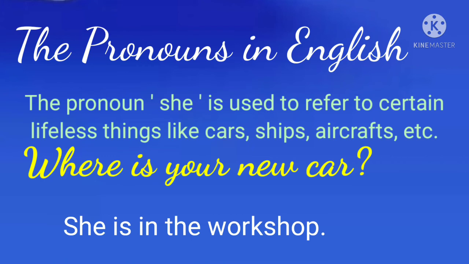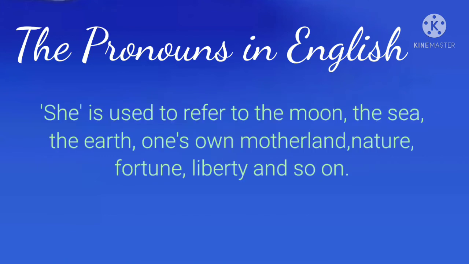He may say, she is in the workshop. So also, the pronoun she is used to refer to the moon, the sea, the earth, etc. And also to refer to one's own motherland and things like nature, fortune, liberty, and so on.